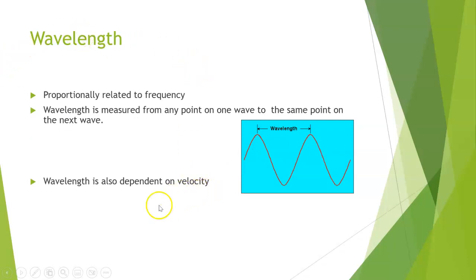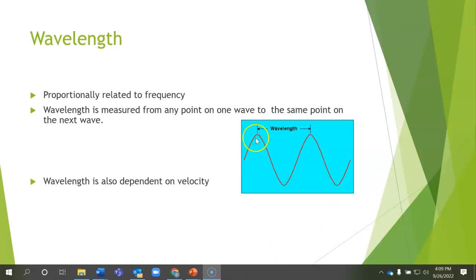Wavelength is also proportionally related to frequency. Okay. So here we can look at the wavelength. We have 2 cycles per second here, or 2 hertz. And when we measure wavelength, it's usually easiest to measure it from the peaks or from the troughs or valleys. So this is the peak amplitude and this is the trough amplitude.